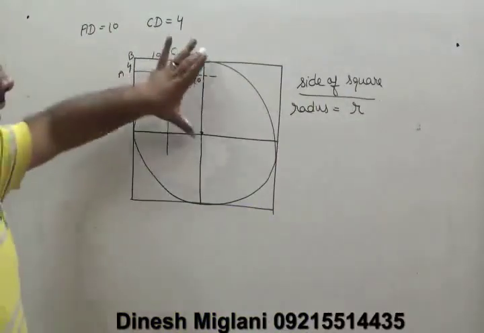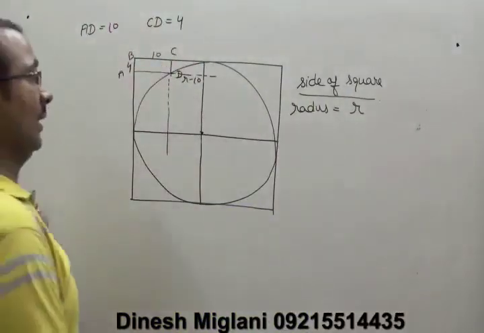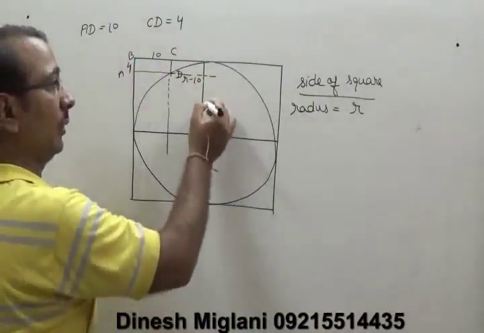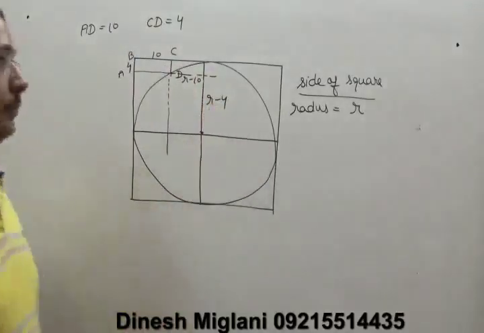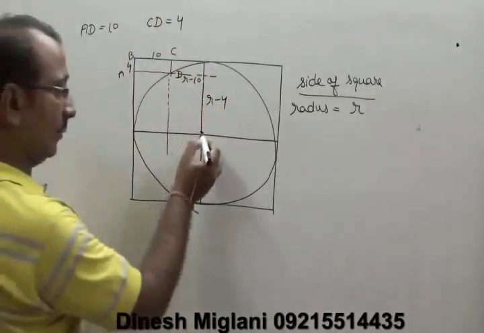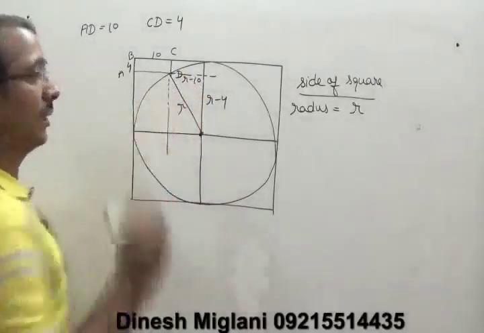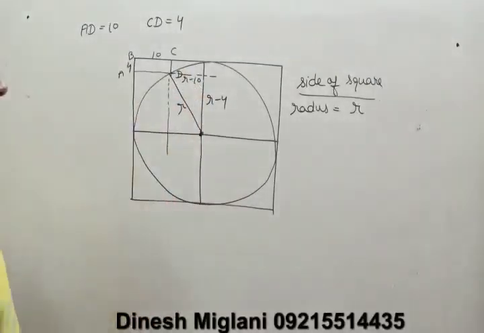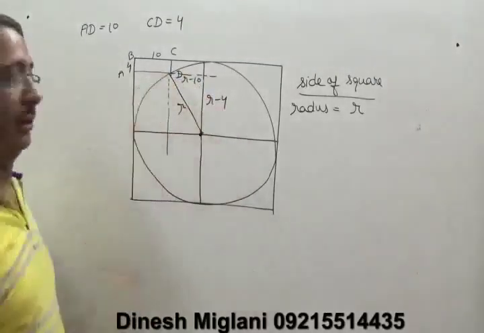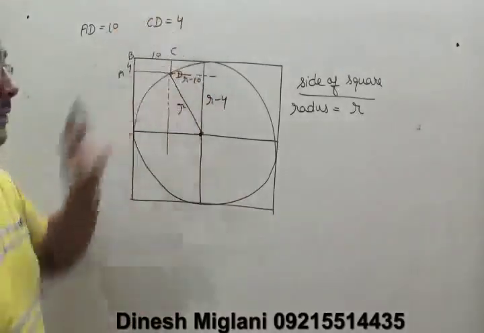If this is R, this is 4, so I may say this portion is R minus 4, right? And if I go from the center of the circle to the circumference, this is R. So what I can say now is it becomes a 90-degree triangle where this is R minus 10 and this is R.